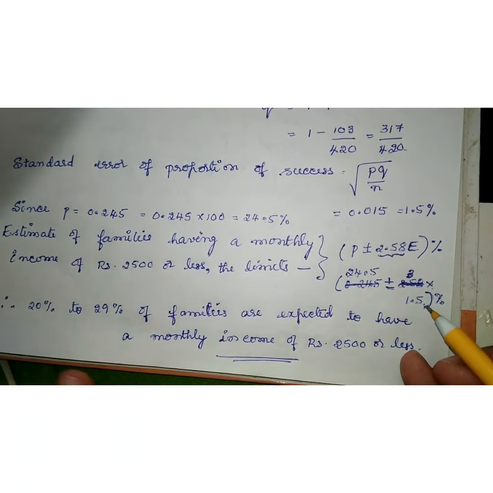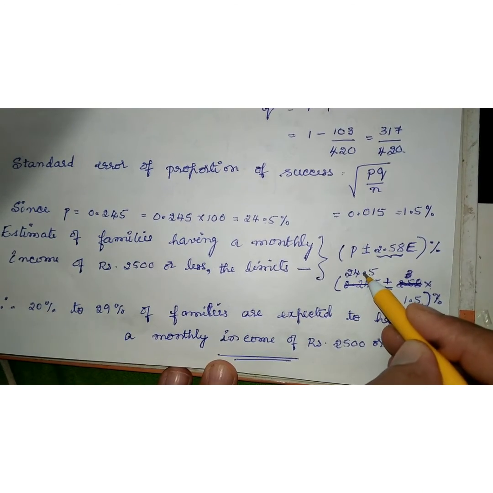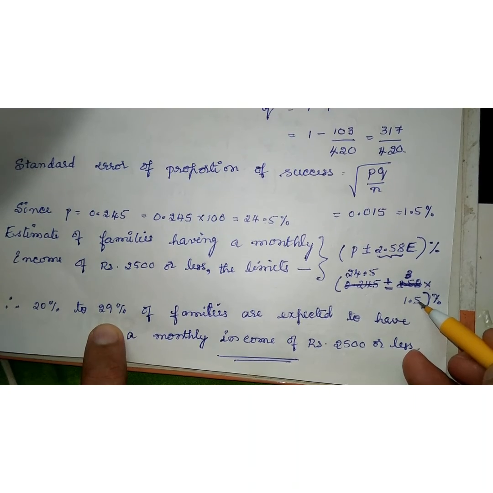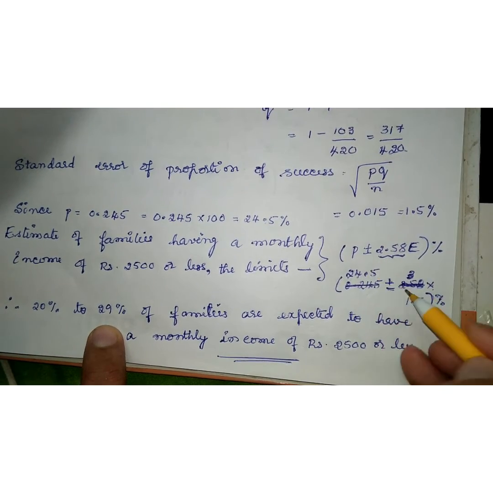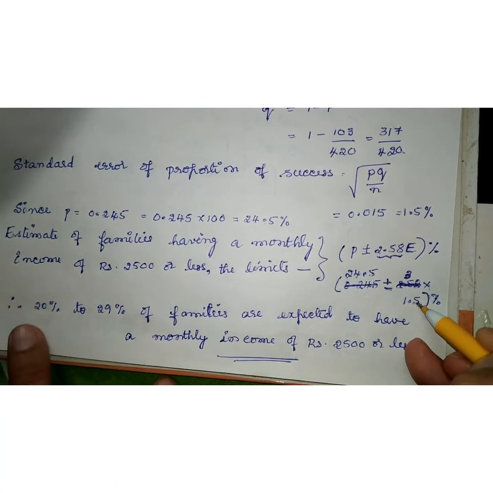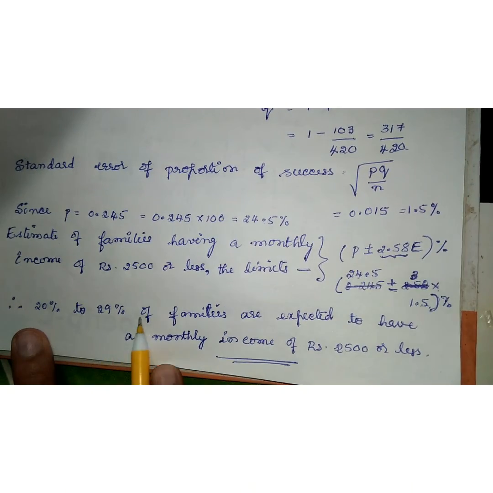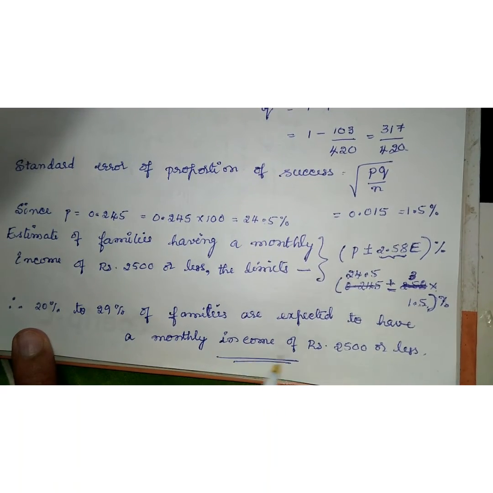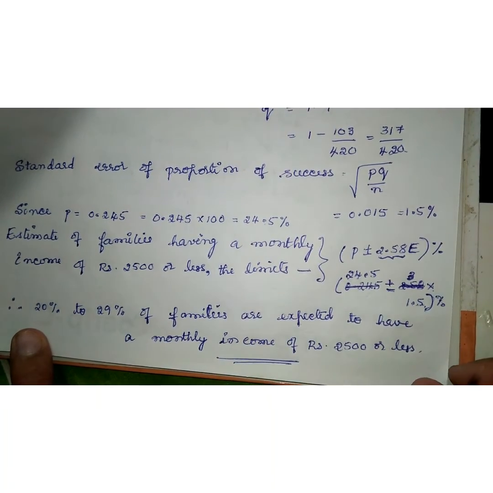That is 24.5 plus 3 into 1.5, you get 29%, and 24.5 minus 3 into 1.5 is 20. So 20% to 29% of the families are expected to have a monthly income of rupees 2,500.